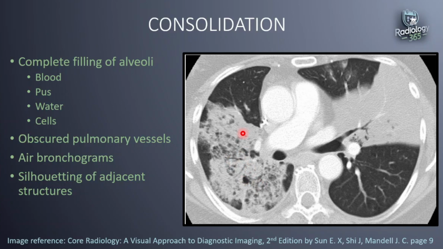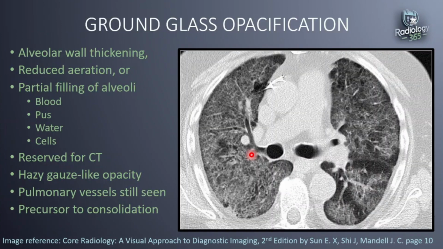Here you can see multiple air bronchograms within it. Now, although these findings are non-specific, it could be anything filling the alveoli here. It could be blood, it could be pus, it could be water, it could be cells. But this actually was a case of multifocal consolidative adenocarcinoma.